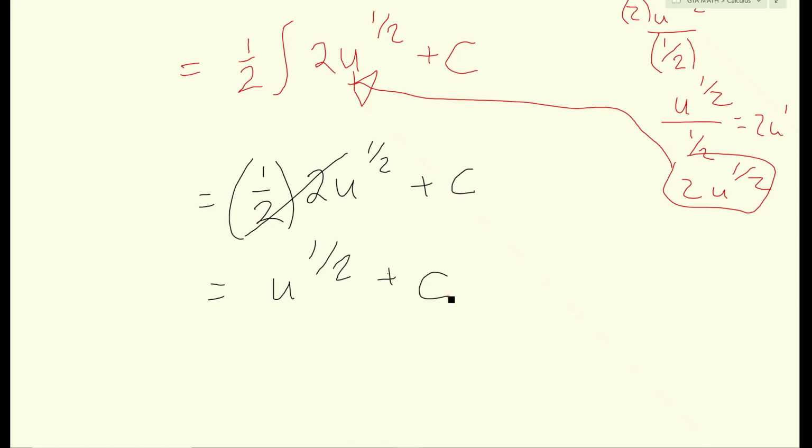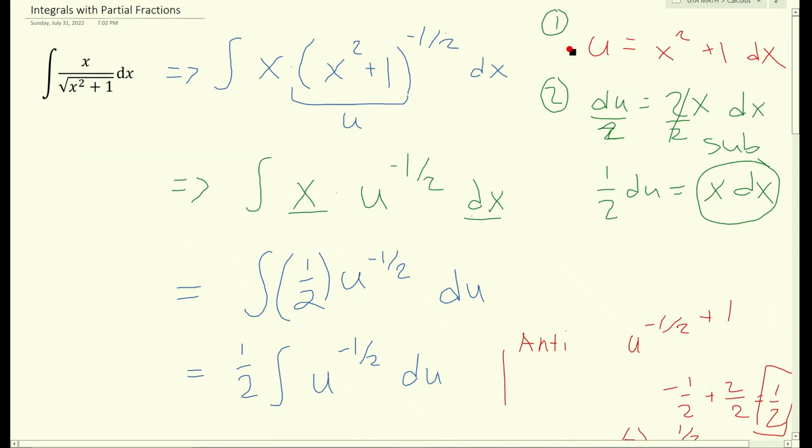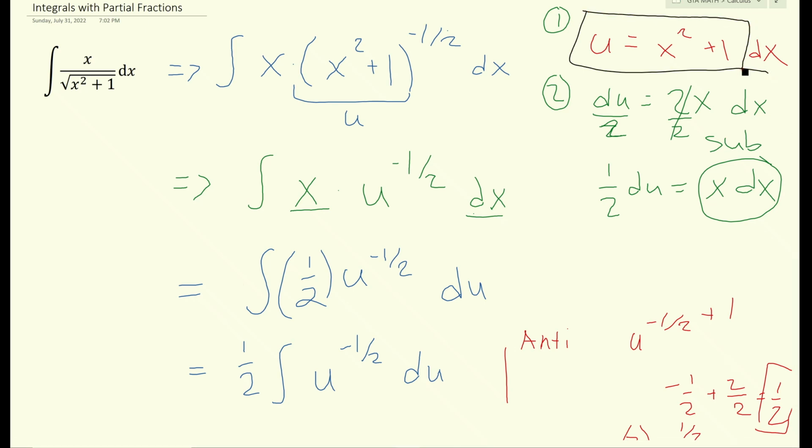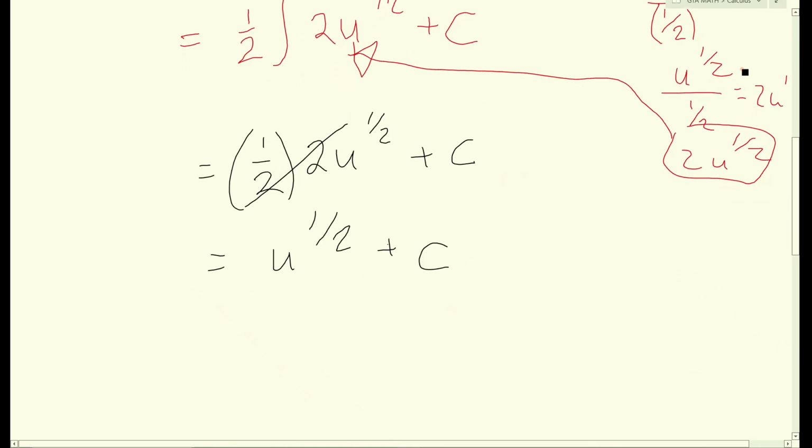Now we're going to take our original substituted portion of u that we used earlier in this problem, and we're going to plug it back in to our equation. We're going to take this x squared plus 1, and we're going to sub it in back for u, and we're going to end up with x squared plus 1 to the 1/2 plus c, and this is our final answer.